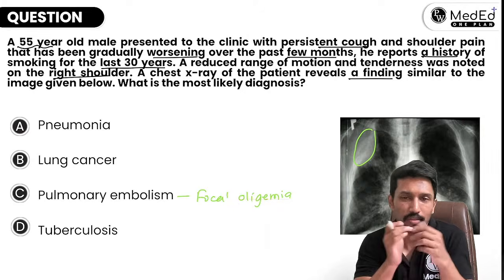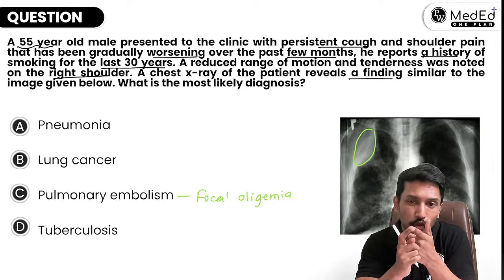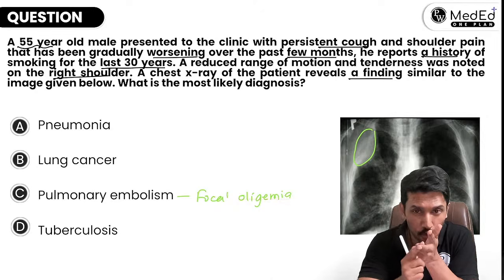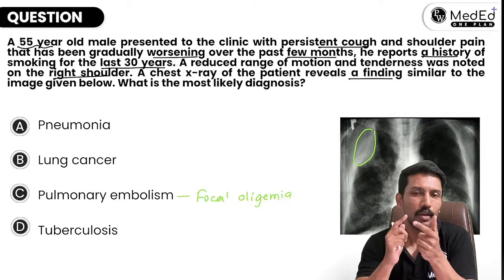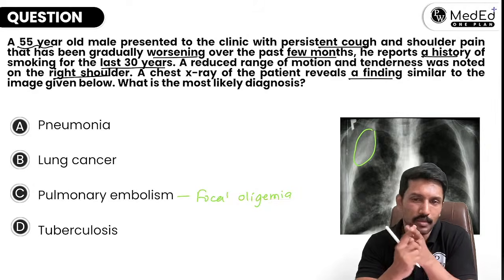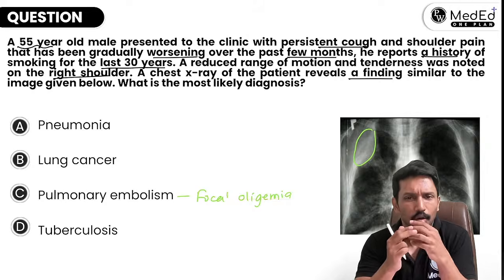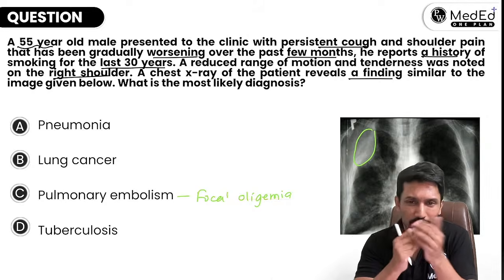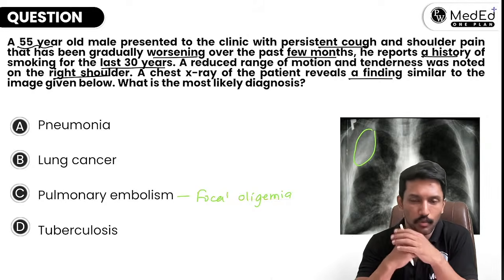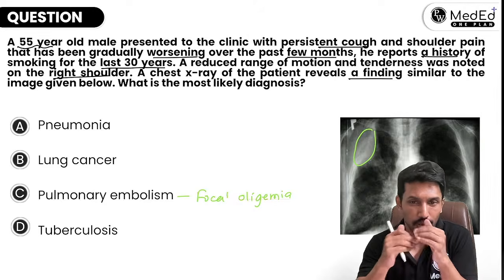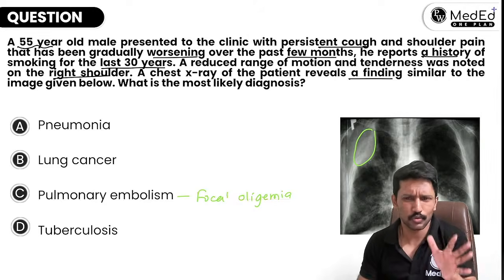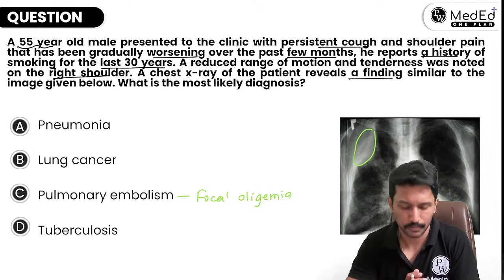Apart from that, in the question, there is no mention of any risk factor for pulmonary embolism, like already known DVT or long distance travel in a flight, or bedridden state, cancer, recent lower limb or pelvic surgeries where the chance of developing a DVT is high. Those pointers are also not given.